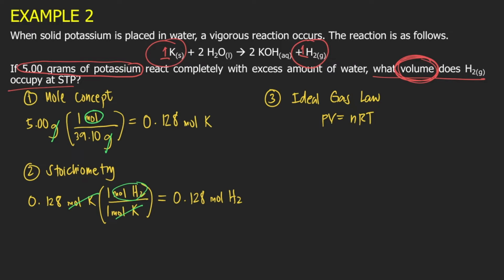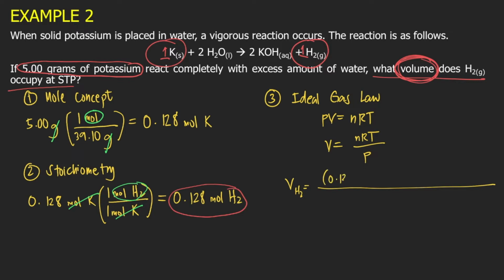If you want to solve for the volume, you rearrange it: volume equals nRT over P. So n is the number of moles we solved in step 2, 0.128 moles. R is the gas constant, 0.0821 liter atmosphere per mole Kelvin.